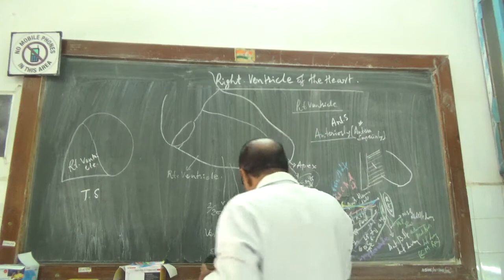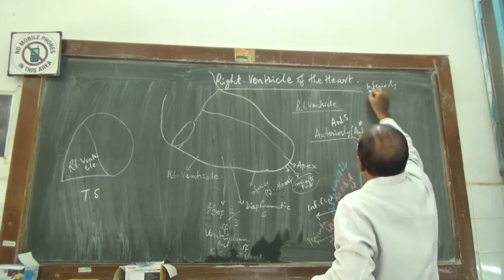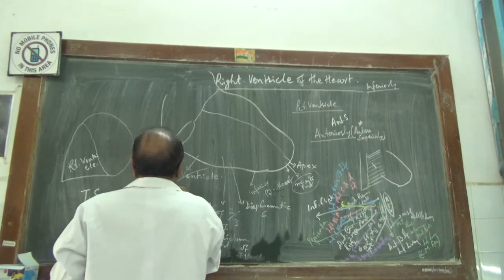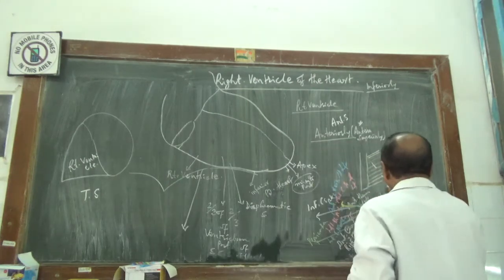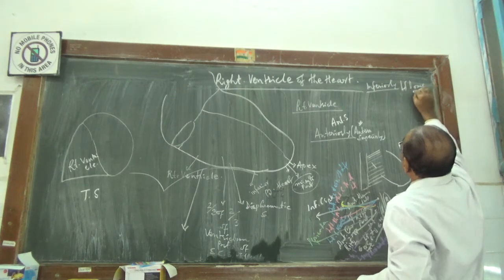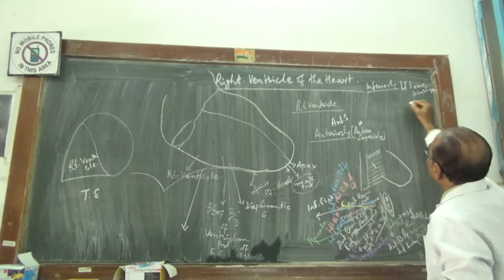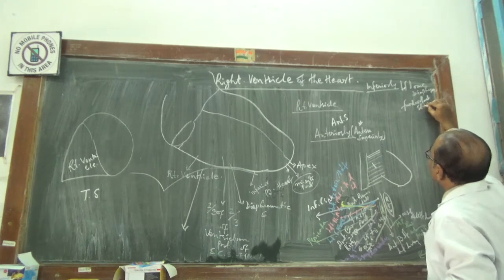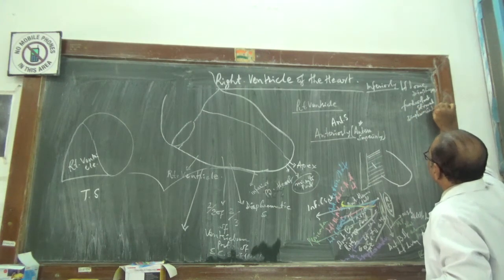Now the right ventricle inferiorly, means below, is related to the left dome of the diaphragm, which is separating it from the fundus part of the stomach and the diaphragmatic surface of the spleen.